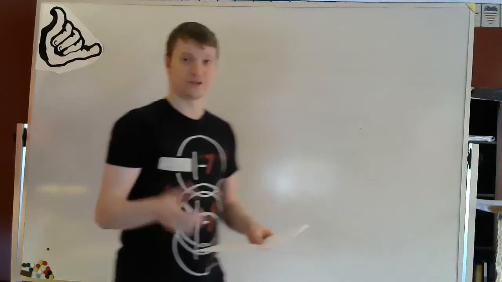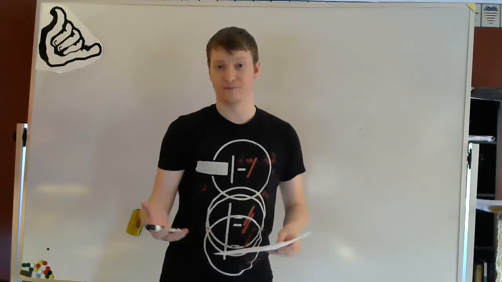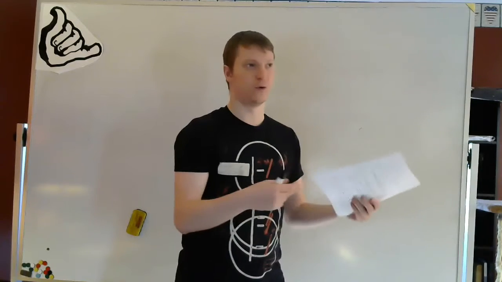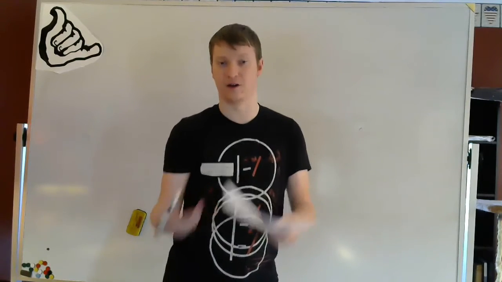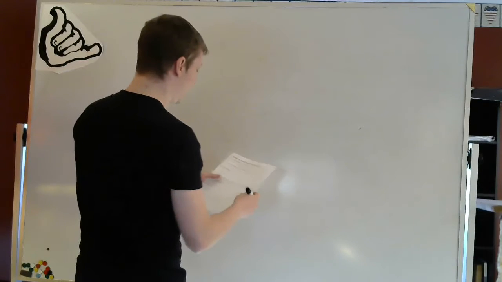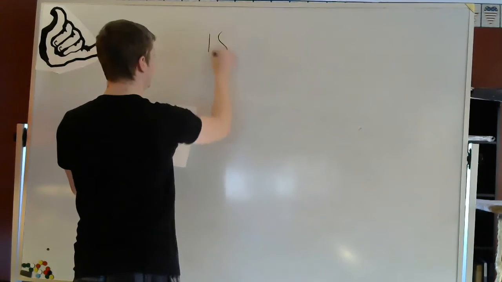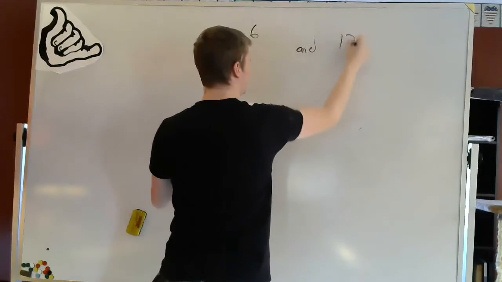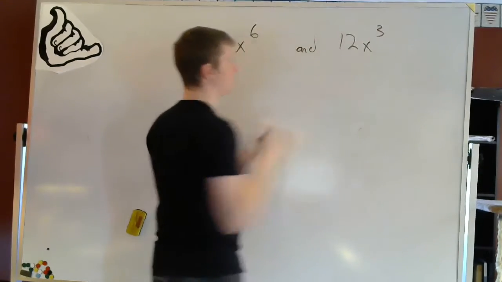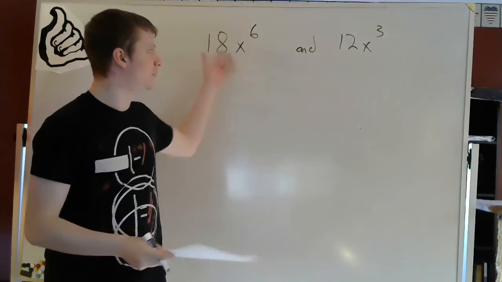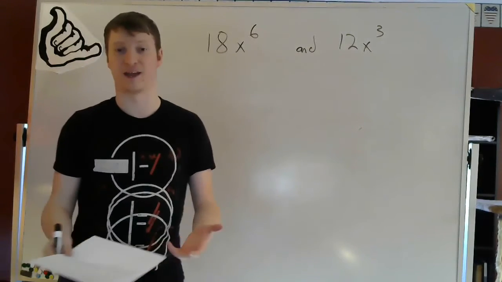So first of all, the greatest common factor is exactly what it sounds like. It is the greatest factor that two or more terms have in common. For example, if we take a look at 18x to the 6th and 12x to the 3rd, we can figure out what factor goes into both of these that's the biggest one they have in common.